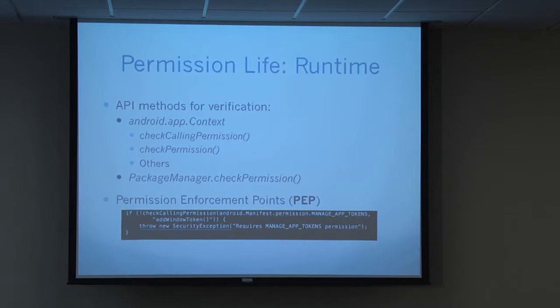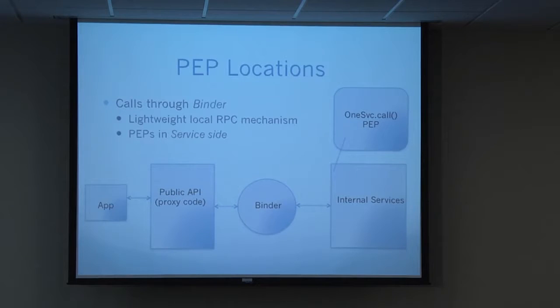And these permission enforcement points can be found throughout the API, but really what we see is that they're actually on the other side of the binder. That is, they're on the service side of the binder. The binder is like a lightweight RPC mechanism. It's a local RPC mechanism since it's all within your device, rather than going outbound to the internet or some other network.